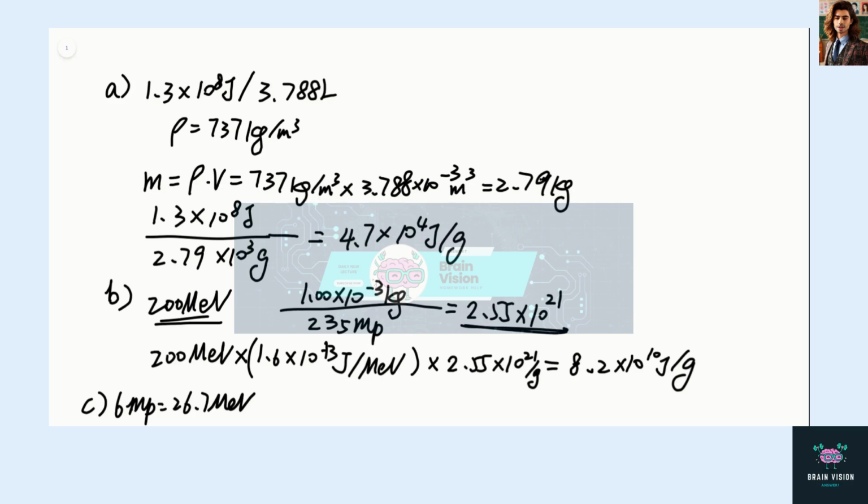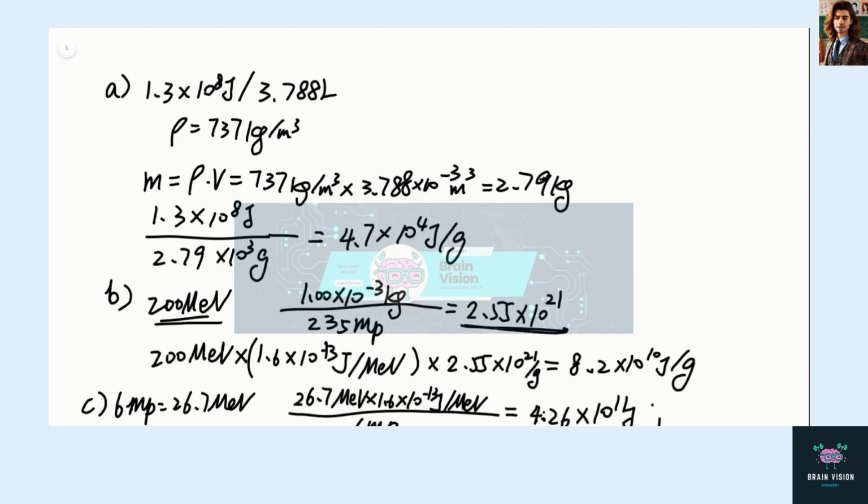So we have 26.7 MeV, we do the unit conversion into joule, and then we divide by 6 times the mass of a proton. So this gives us 4.26 times 10 to the 11 joule per gram. Okay, so that is for part C.